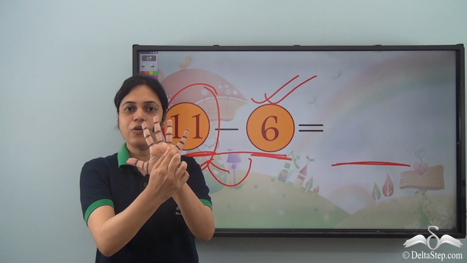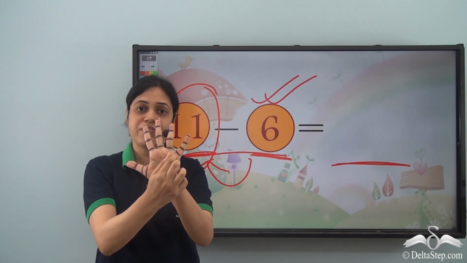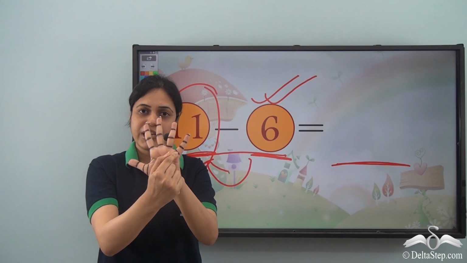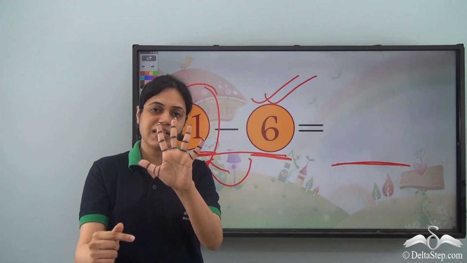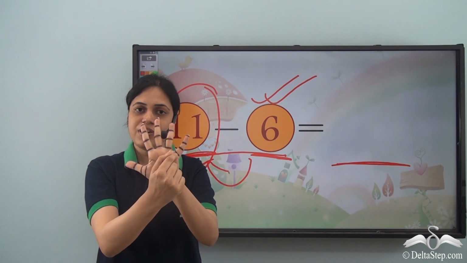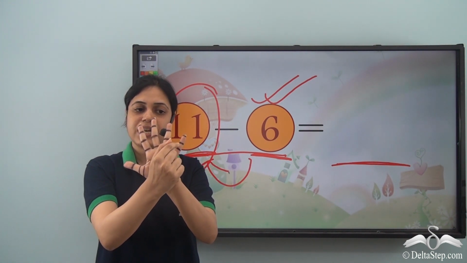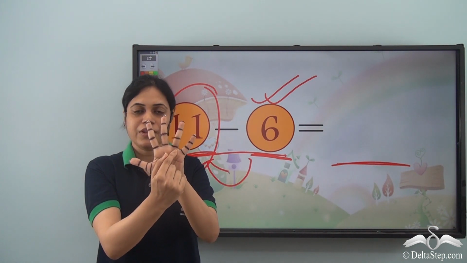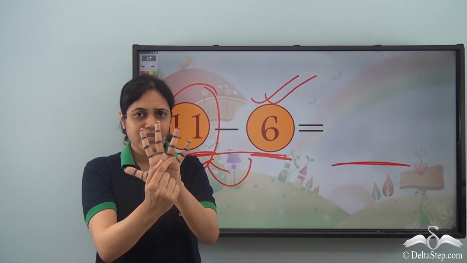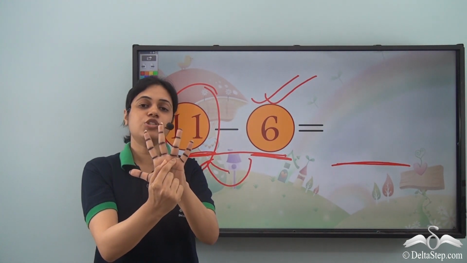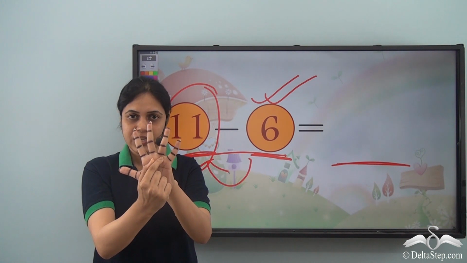So I'll count this finger mark not as 1 but as 7. So I'll start counting after 6, that is from 7 and from this finger mark. So 7, 8, 9, 10, 11. Right? Why did I stop at 11? Because the bigger number is 11. So I need to go till 11 only.